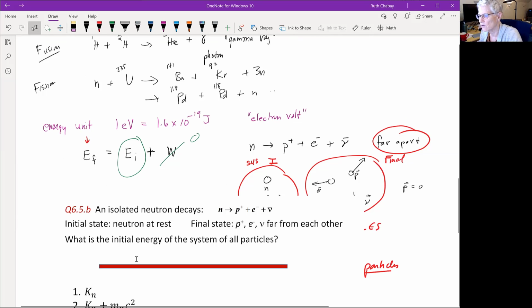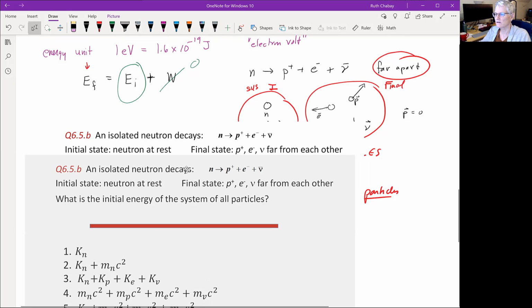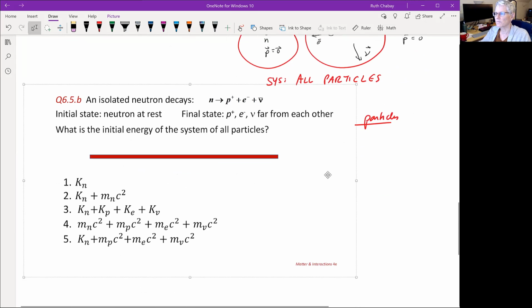And remember that the initial state was just the neutron. So what terms should we have in our expression for the initial energy of the system here?